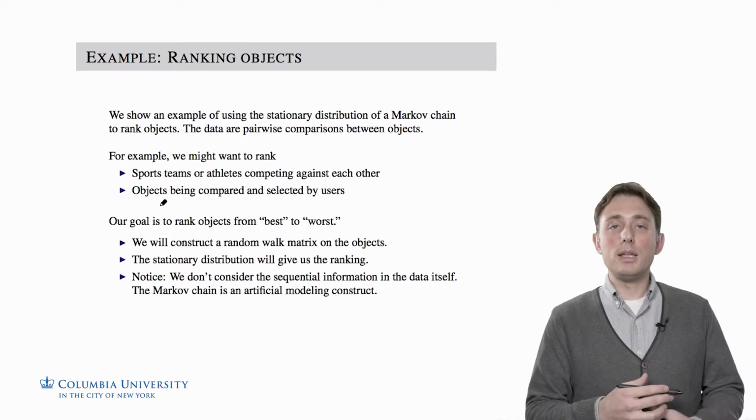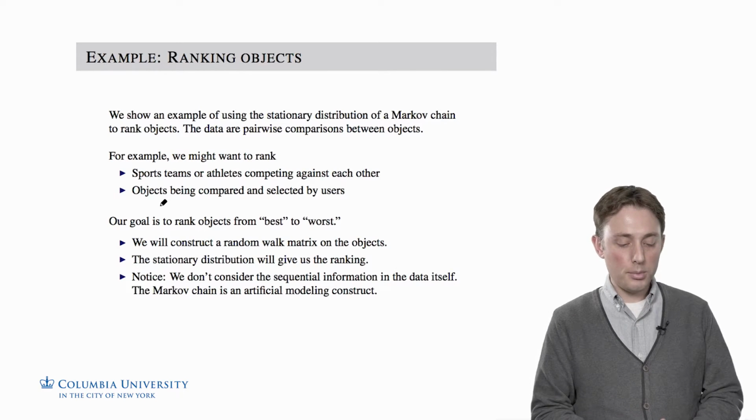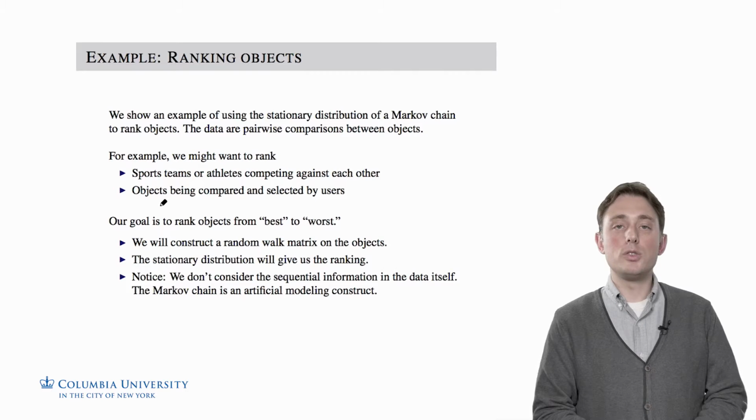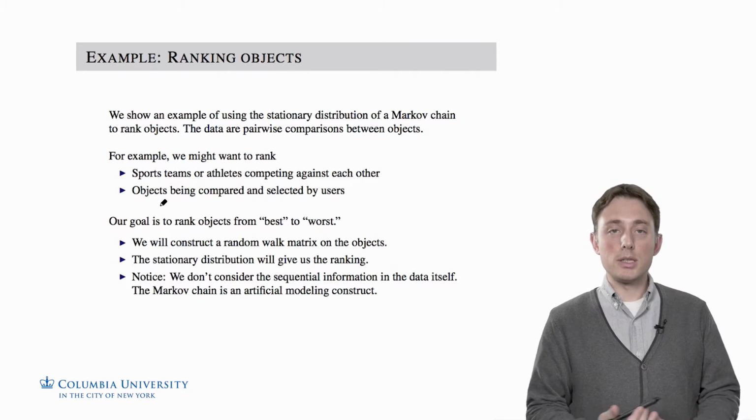So that means that we need to somehow find where a Markov chain can be applied to this problem. The way we're going to do this is by constructing a random walk on all of the objects. So let's focus only on teams for now. If we want to rank sports teams, then every team is going to be one state in the Markov chain.